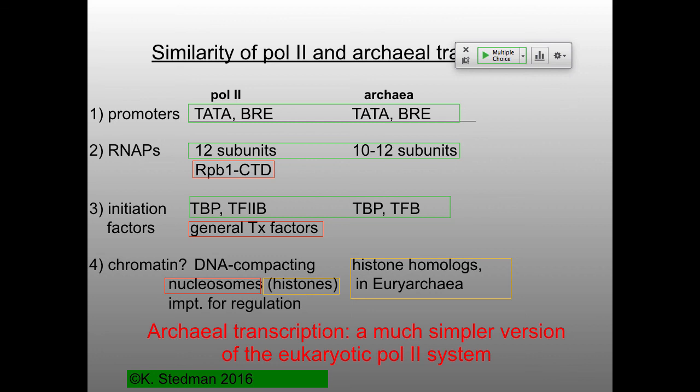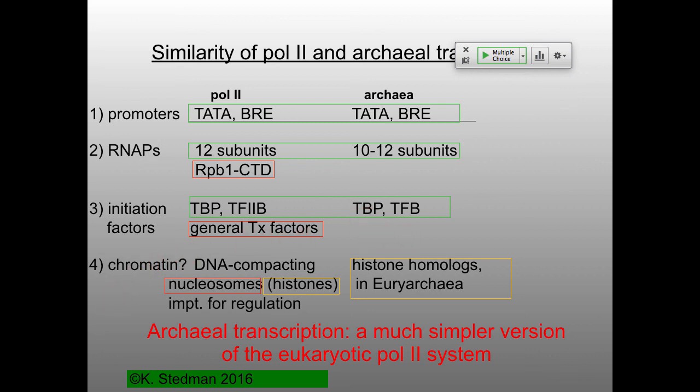So there's no TF2H in archaea, so it's not surprising there's no CTD in archaea. Initiation factors, you've got a whole bunch more in the RNA polymerase II system, none in archaea, although people argue about this. There may be a TF2E homologue, but as far as we're concerned, they're not there.